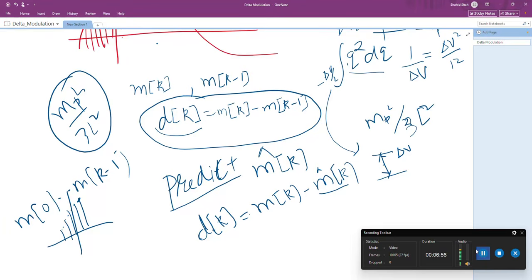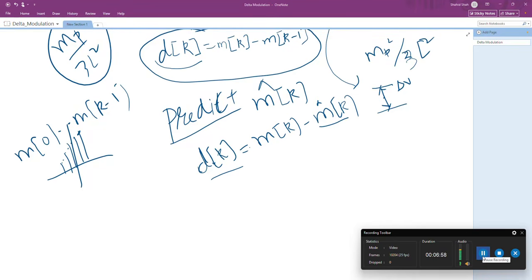Then this d[k] we transmit. To reconstruct m[k], the receiver simply adds d[k] with m hat k, because m hat k is a prediction which even the receiver knows, so it gets back m[k]. This is the basis of differential PCM.